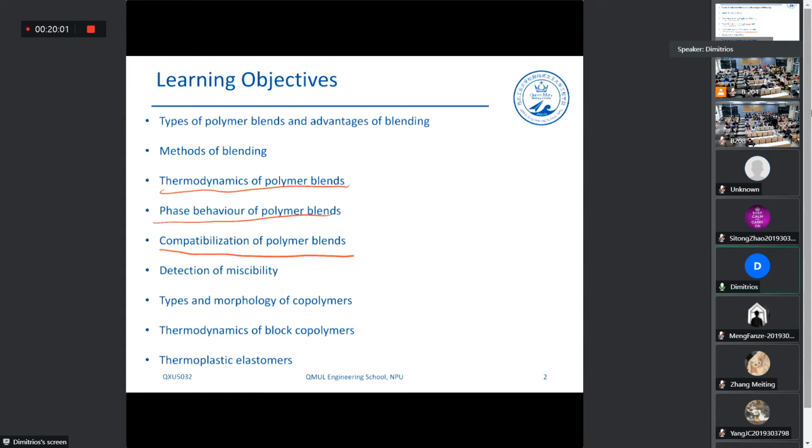And finally, we will be talking about copolymers, the types, the morphology, the thermodynamics, and a certain family of materials that I already spoke to you very briefly about. They are thermoplastic elastomers, and they're very interesting. They're mostly copolymers comprising a soft phase and a hard phase, okay?